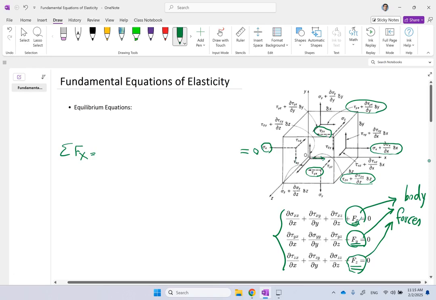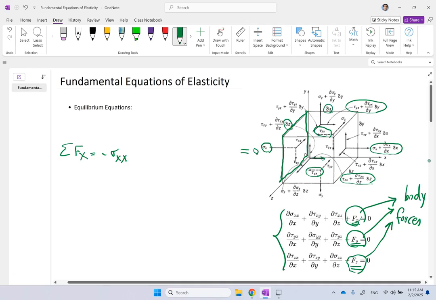So let's write it. What is the force that we have due to sigma x? And here, each element has some area, so the force is that stress times that area. So this force is in the negative x direction, so negative sigma xx. And what's the area of that face? Well, that face has a dy direction followed by a dz direction, correct? So these are the dimensions of that.